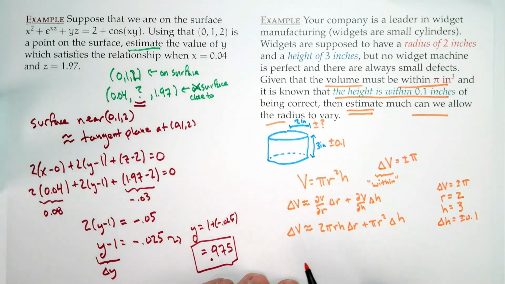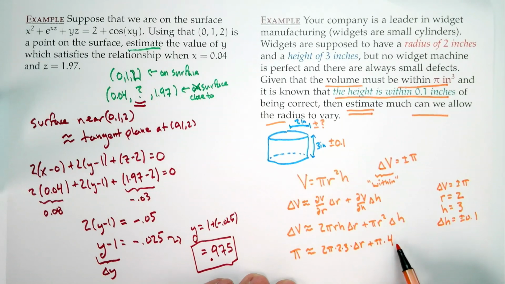So, let's see what we get. So, we get pi. I'm just going to look at the plus. So pi can be approximately 2 pi times 2 times 3 times delta r plus pi times 4 times delta h, which is 0.1.